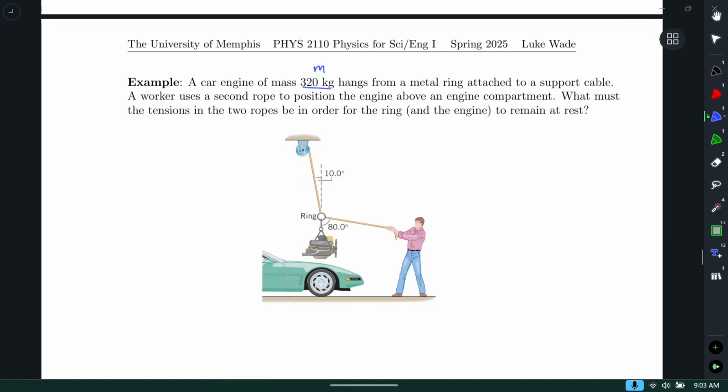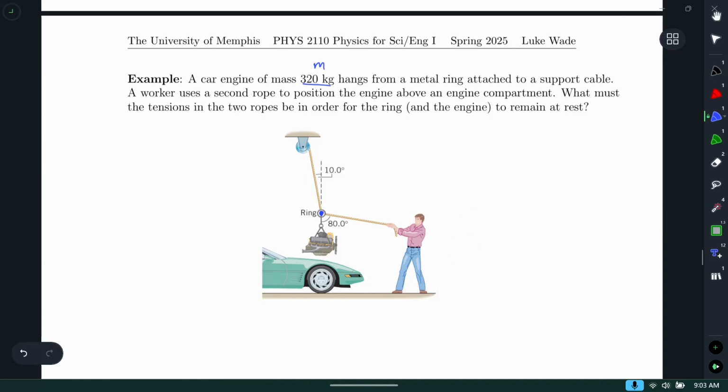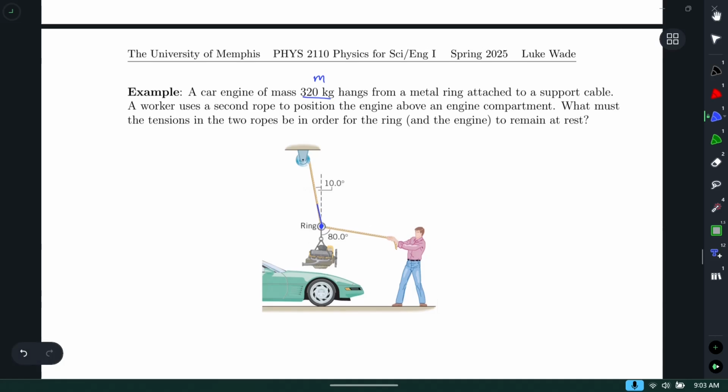All right, so the ropes are pulling on the ring, so we should probably look at the forces acting on the ring. That'll be our object of interest here. Each rope is going to pull along its length on that ring. I'm going to call those tension forces that the ropes exert T1 and T2.